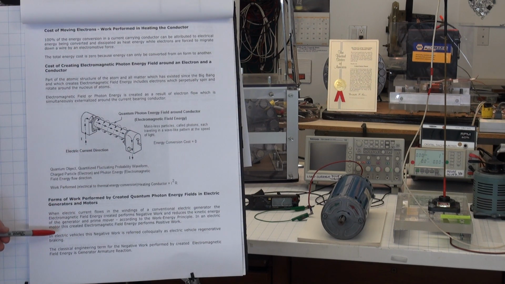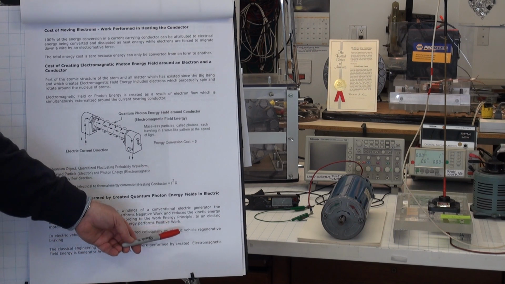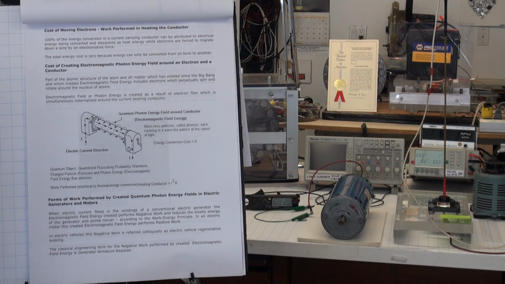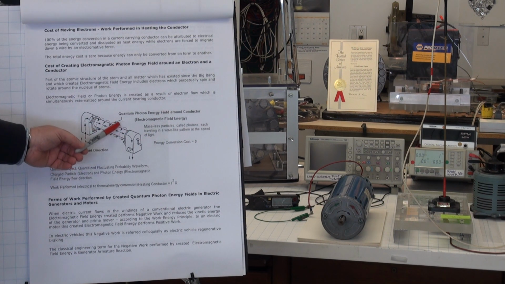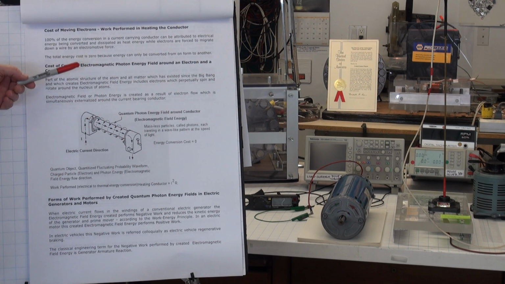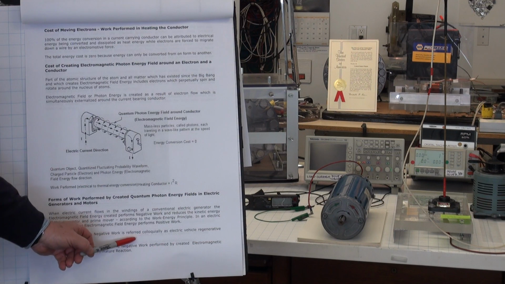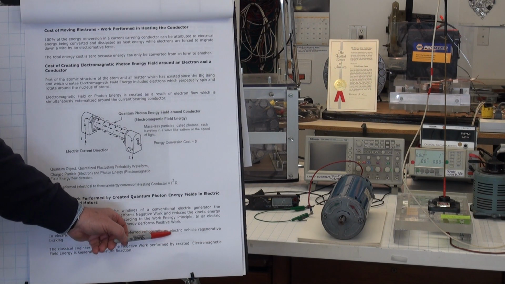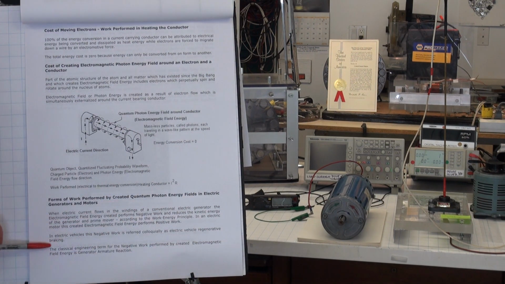The mechanical energy conversion, or the mechanical energy output of an electric motor, is being produced by the electromagnetic field energy that is produced by the rotation and the spinning of the electrons around the nucleus of the atom. In electric vehicles, this negative work is referred to colloquially as electric vehicle regenerative braking.